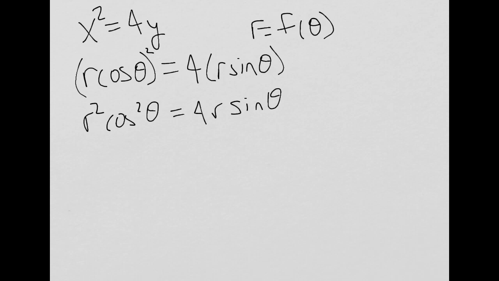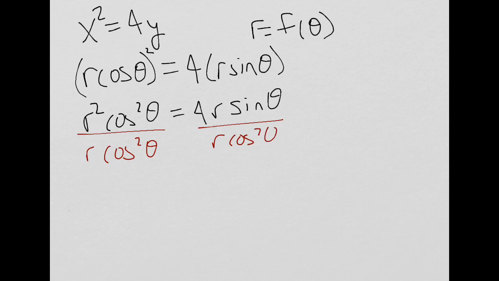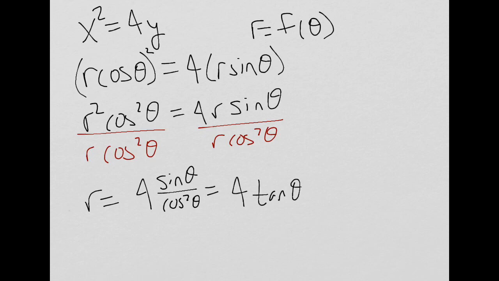So I end up with, if I divide both sides by r cosine squared theta, I'm left with r equals 4 sine theta over cosine squared theta, which is 4 tangent theta secant theta, if I rewrite those in terms of trig functions without a quotient.